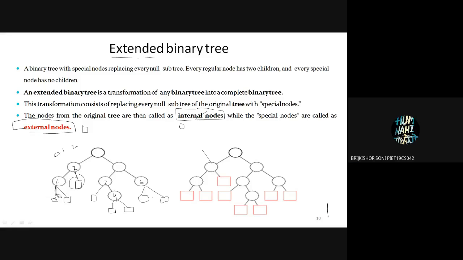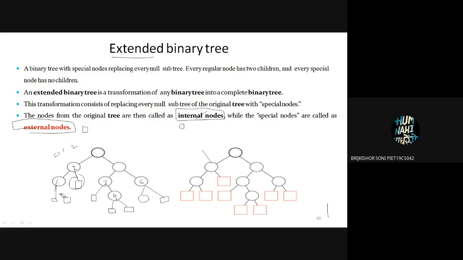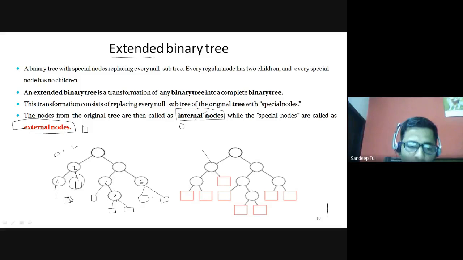No children. 0 children. And every black node has 2 children. Two children. Black nodes are the original nodes. So we are ensuring that every original node must have 2 children, and every new node that we are going to add, that is an external node, must have 0 children. That is the definition of the extended binary tree.